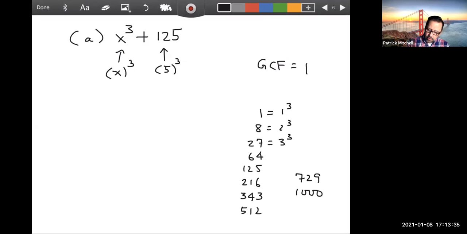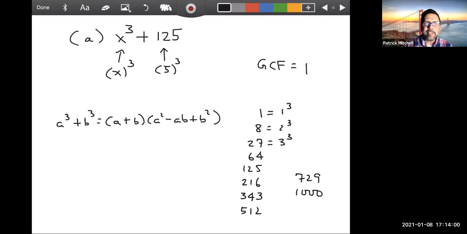All right, so now let's talk about this pattern. Whenever we want to factor a cubed plus b cubed, that factors into (a + b) times (a squared, ab, b squared). And the signs get filled in with SOAP. Same, opposite, always plus.